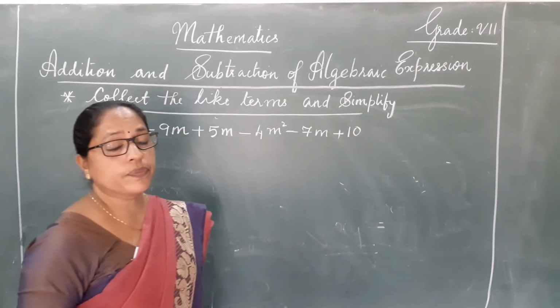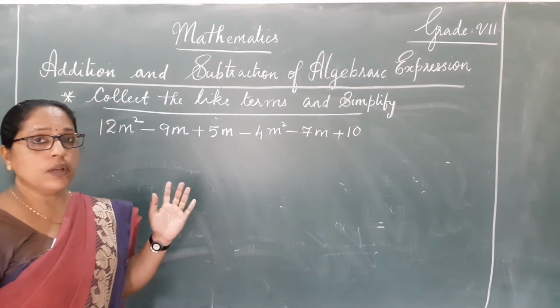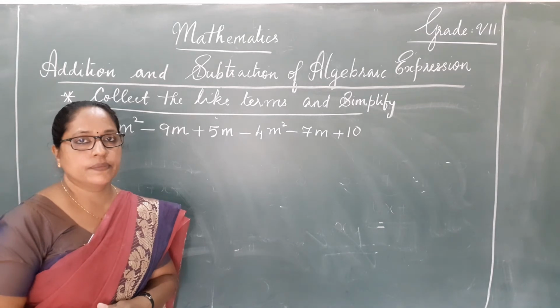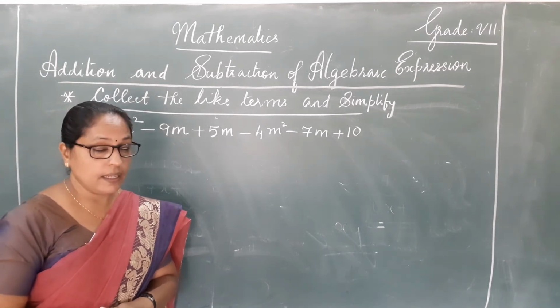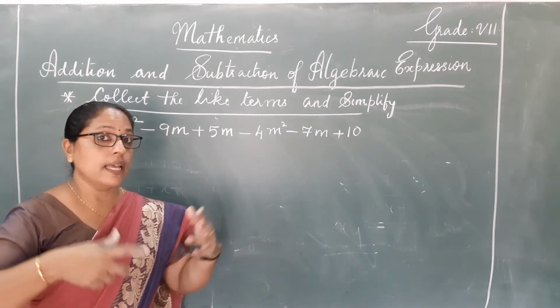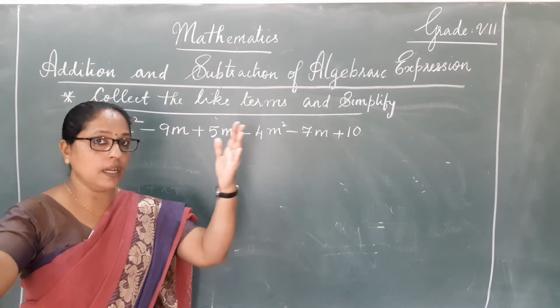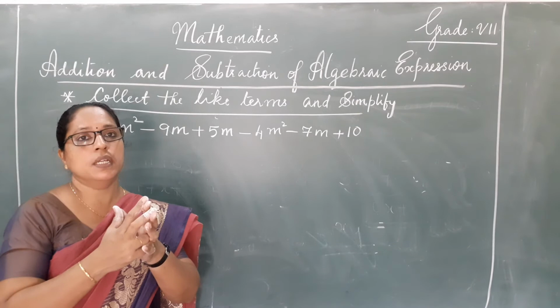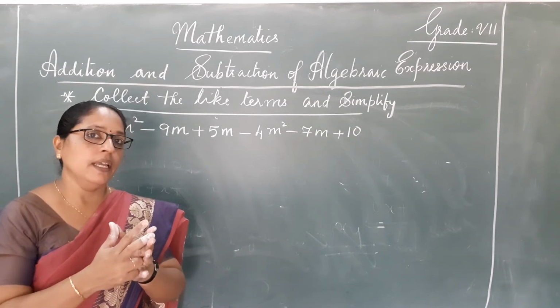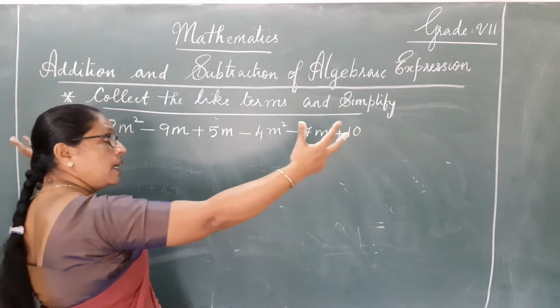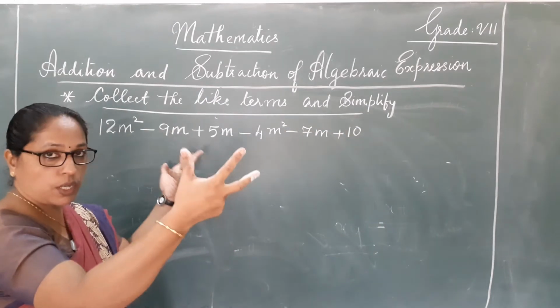Okay, here what is the difference you have seen in this question and the previous questions? There the expressions are given separately and we combine those expressions to solve. Right? Here the expressions are not given separately, it's already combined, it's already joined.